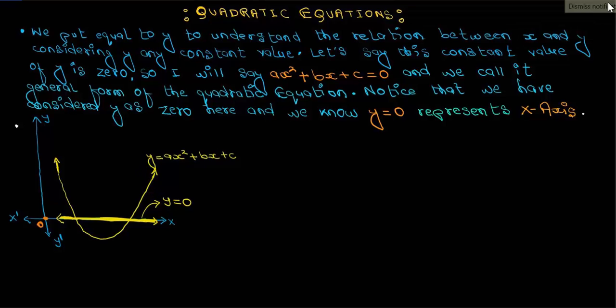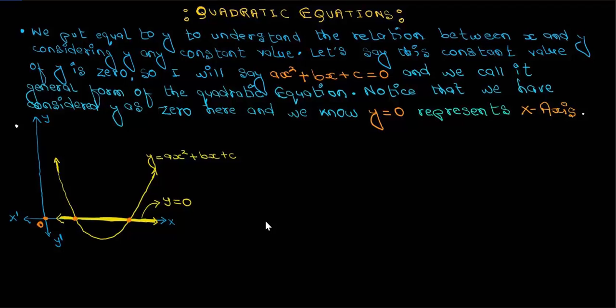This curve is the polynomial y equal to ax square plus bx plus c, and y equal to 0 is the equation of the x-axis.